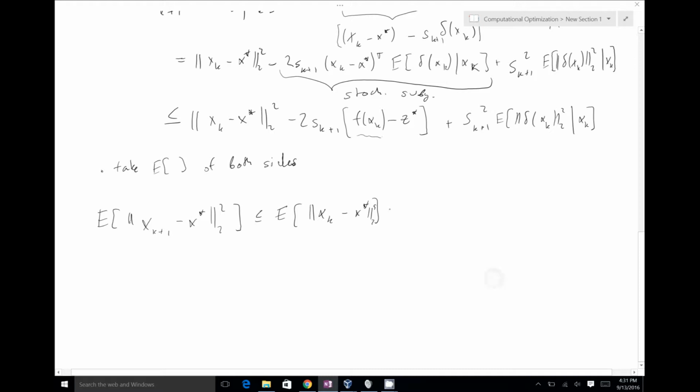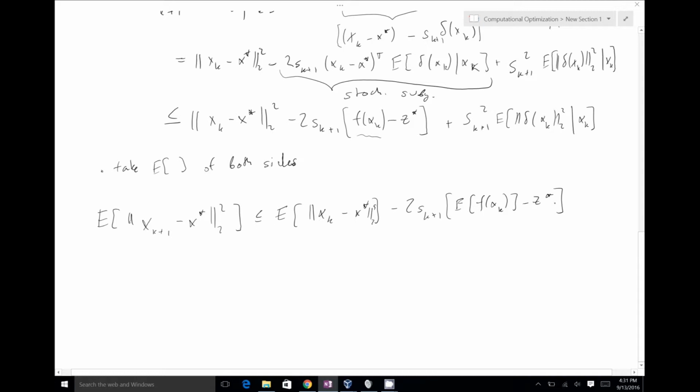So I get minus 2 sk plus 1 times the expectation of f of xk minus z star. And in the third term, what I'm going to do is the following.